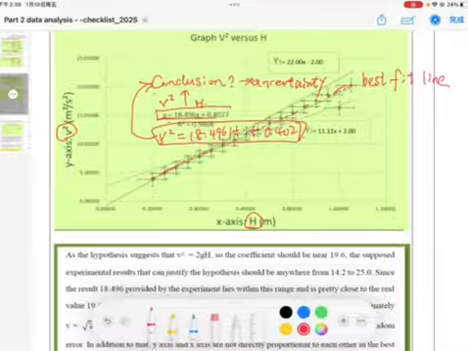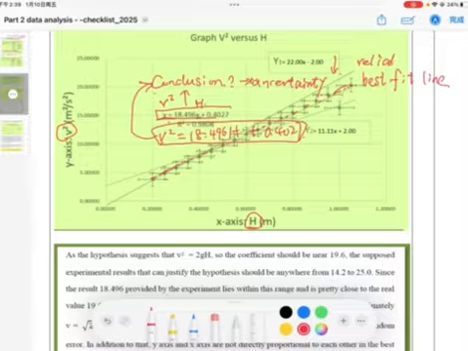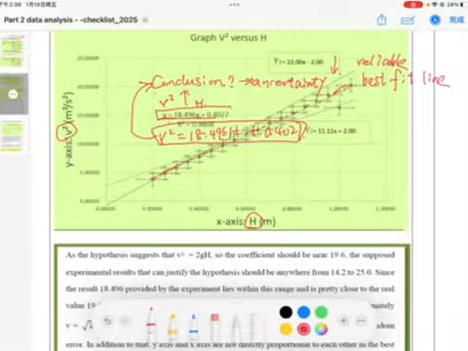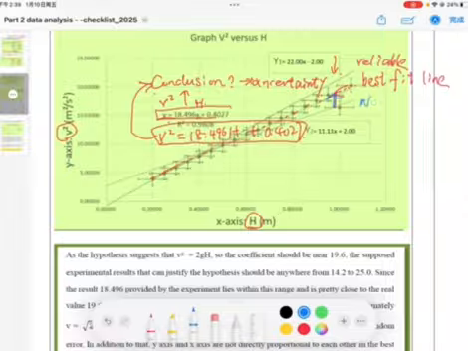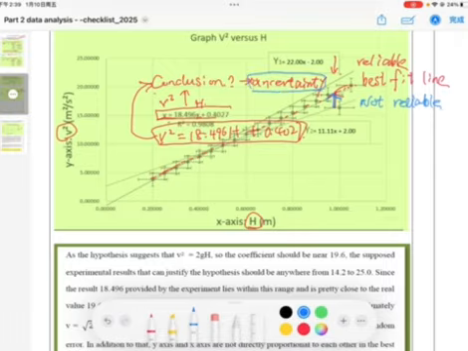If your uncertainty is very low, okay, you got a reliable conclusion. If you have a huge uncertainty, that means your conclusion is not reliable.